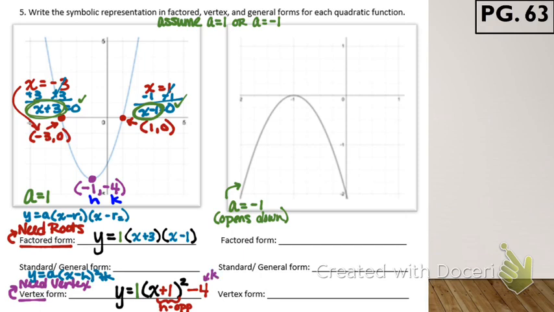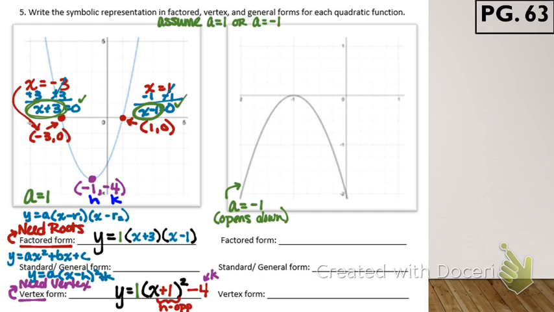Now let's talk about our standard or our general form. This is the ABC form. Y equals AX squared plus BX plus C. I have to use either my factored form or my vertex form to find this one. I can't just look at the graph for this one.